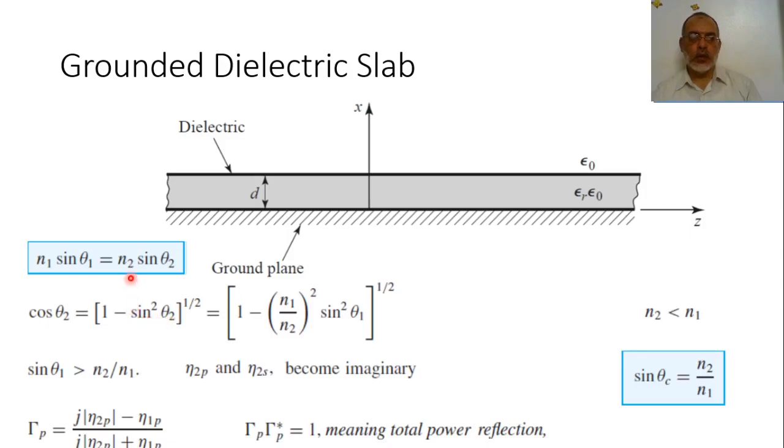According to Snell's law, sine theta 2 can be represented as n1 over n2 sine theta 1, or in terms of epsilon r, square root epsilon r over 1 times sine theta incident. So cosine theta transmitted equals square root of 1 minus (n1 over n2) squared sine squared theta 1.